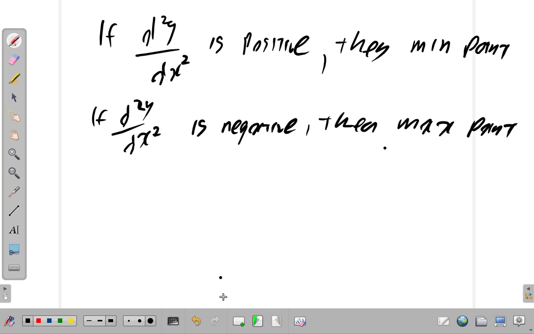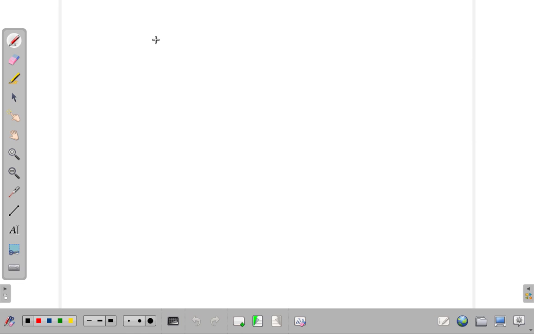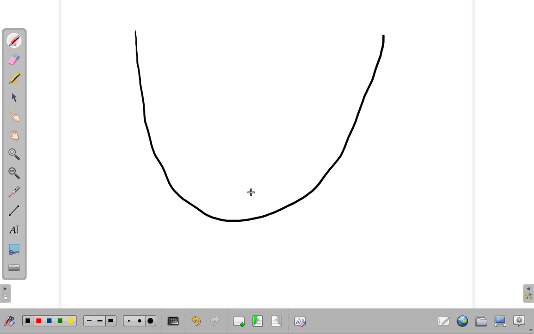Now, why is that the case? This is the stationary point. dy by dx is negative here. As you get closer to the stationary point, dy by dx is still negative, but it has increased.